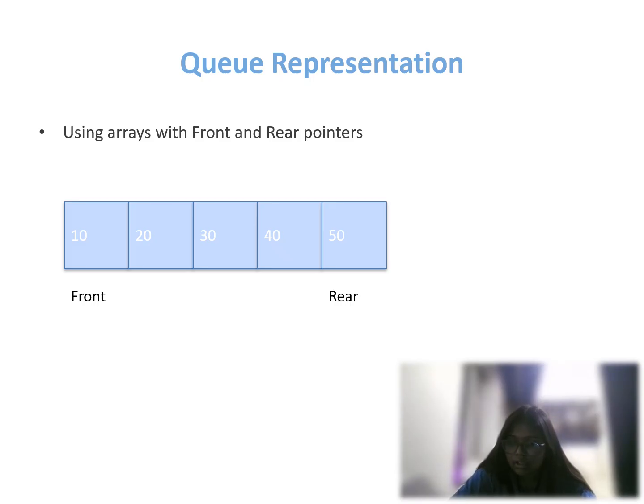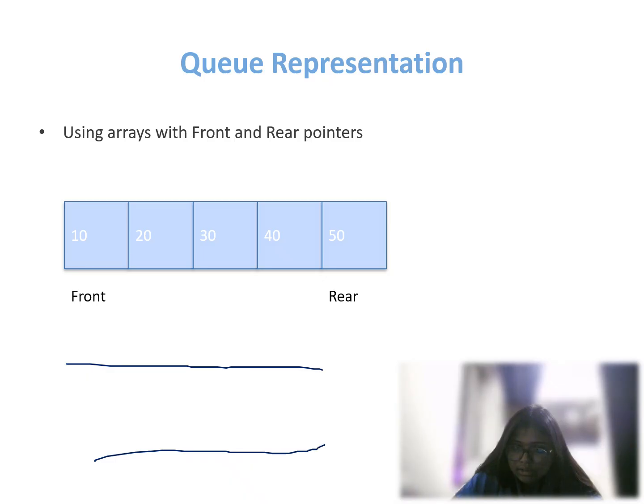So let me try to visualize the queue with a simple diagram here. Let's understand the queue as these two lines. So here is the enqueue function, which means simply insertion.